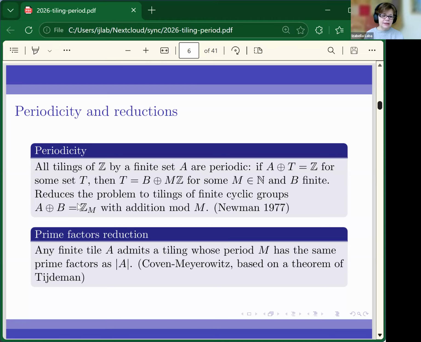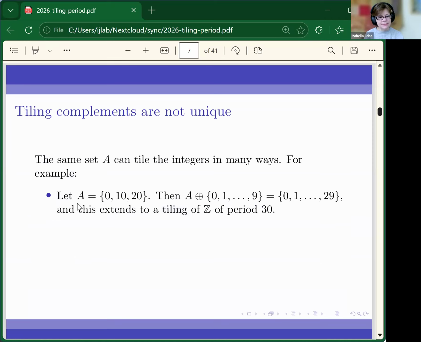The less trivial reduction is that I can also make sure that there are no prime factors that do not already appear in the cardinality of A.